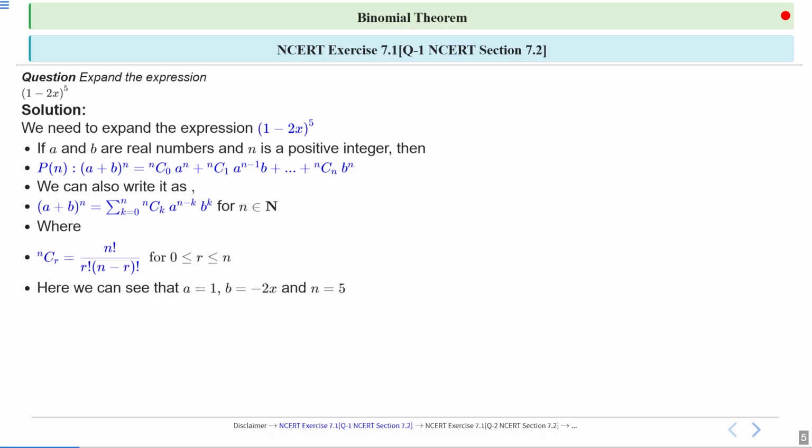Here we can see that a equal to 1, b equal to -2x and n equal to 5.